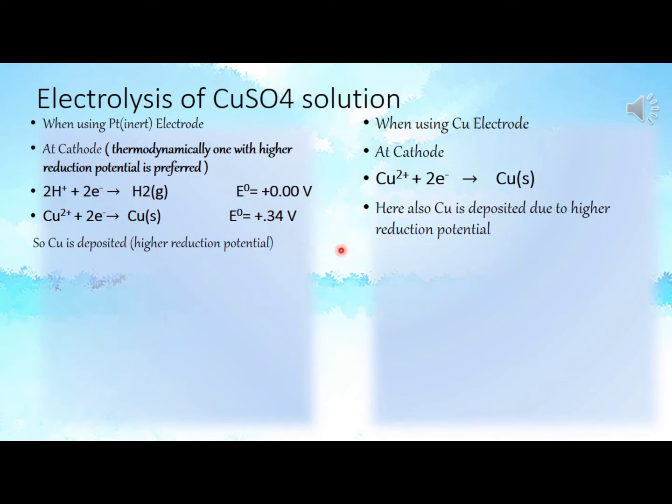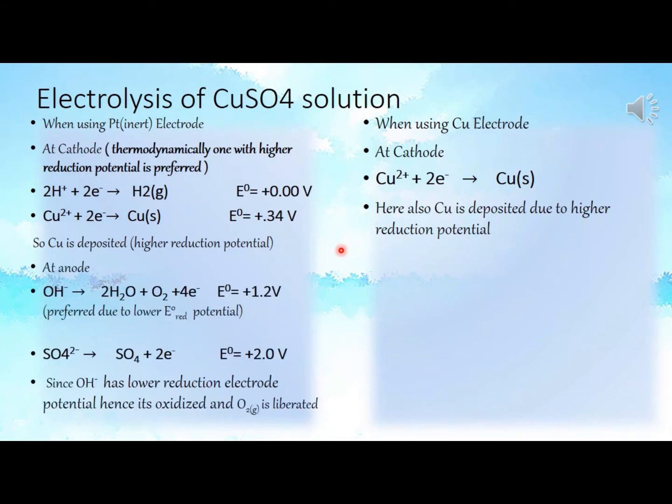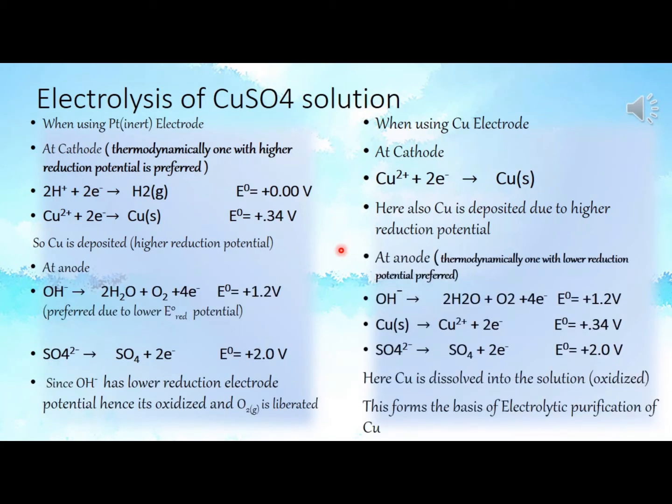But when you look at the anode, things are not the same. In the case when platinum electrode is used, there are two anions.